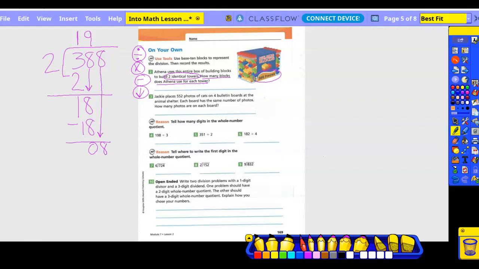And like I said, we use our arrows to keep everything in line. Okay? So now I go back up to dividing. So I'm taking 8 divided by 2, which is 4. So 4 times 2 is 8. With nothing left over because I subtracted. So how many building blocks will be in each one? Blocks.